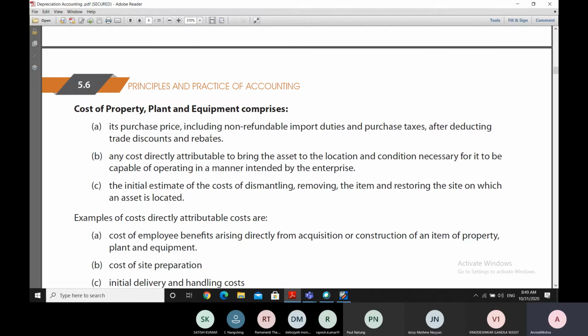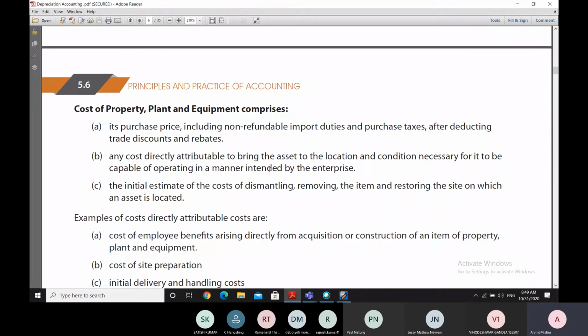we get a certain cost, and of course the cost of the property, plant and equipment also comprises any cost which is directly attributable to bring the asset to the location and to that condition which is necessary so that it becomes capable of being operated in a manner which is intended by the enterprise.